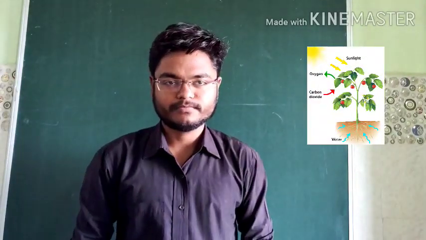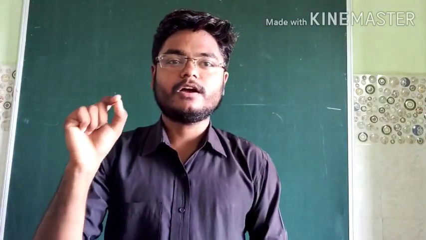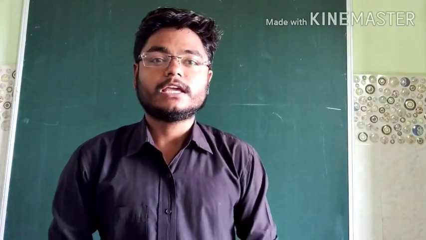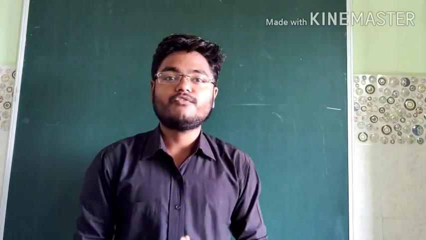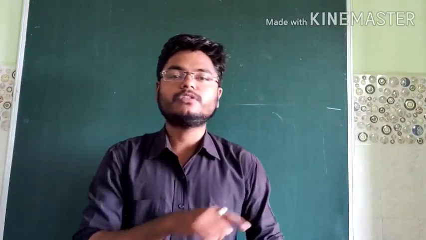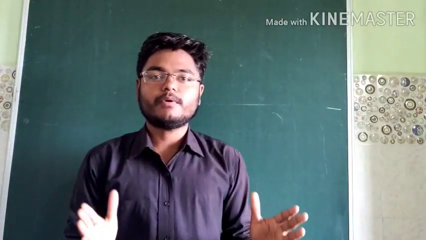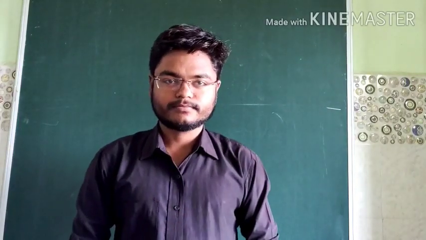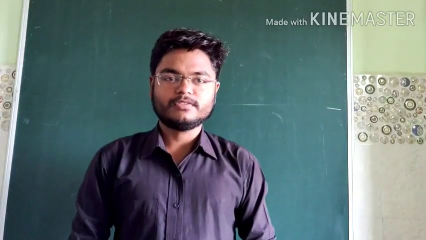From the stomatal opening, the carbon dioxide can be exchanged from the atmosphere to the leaf and from the leaf to the atmosphere. The next one, the network-like venation in the lamina. The network-like venation in the lamina gives a large translocation area for the transfer of water molecules and food material into the leaf. It will provide a large number of veins for the water transfer. The next one, release of oxygen from the leaf.